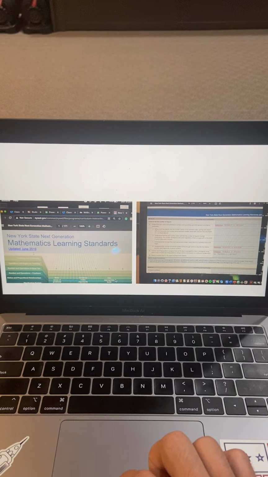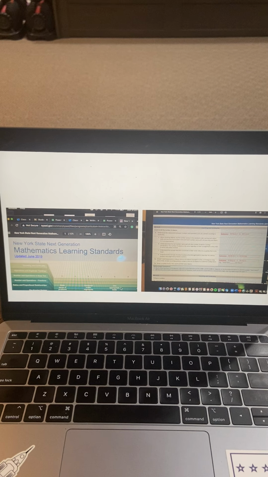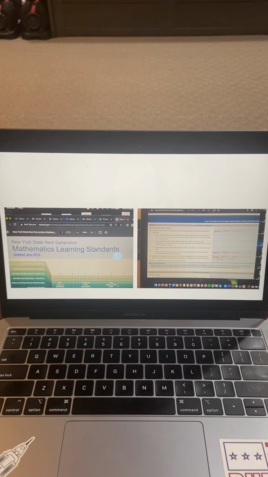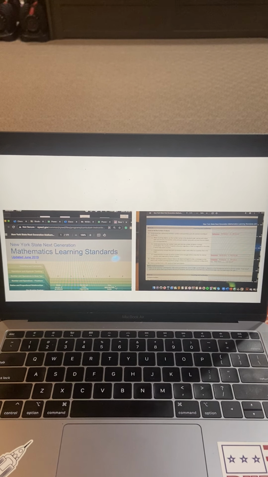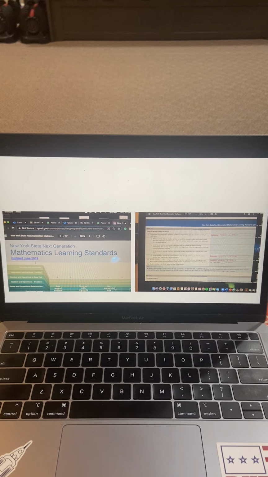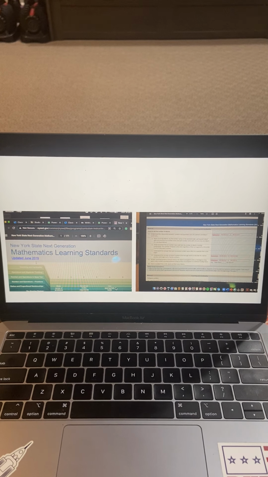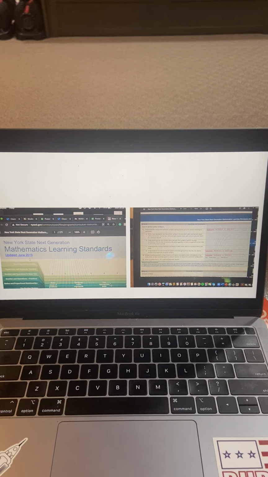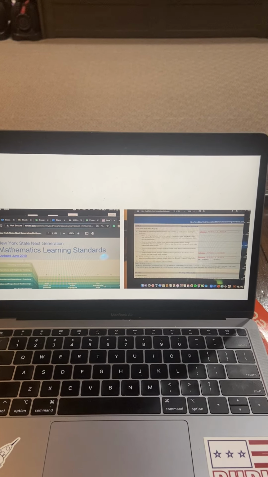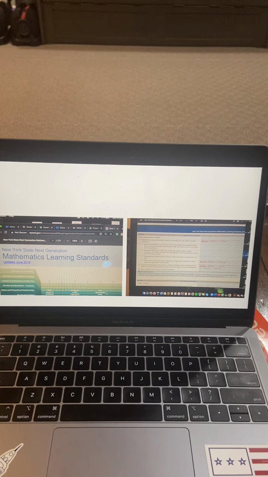So the next resource that I used was on the Blackboard website. I used the standards, the New York State Next Generation Learning Standards link, and this was helpful because the book was actually in Common Core.